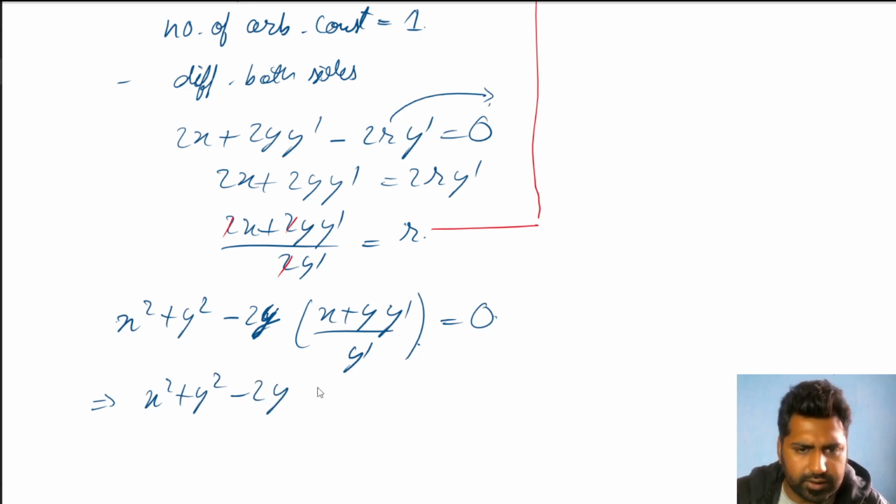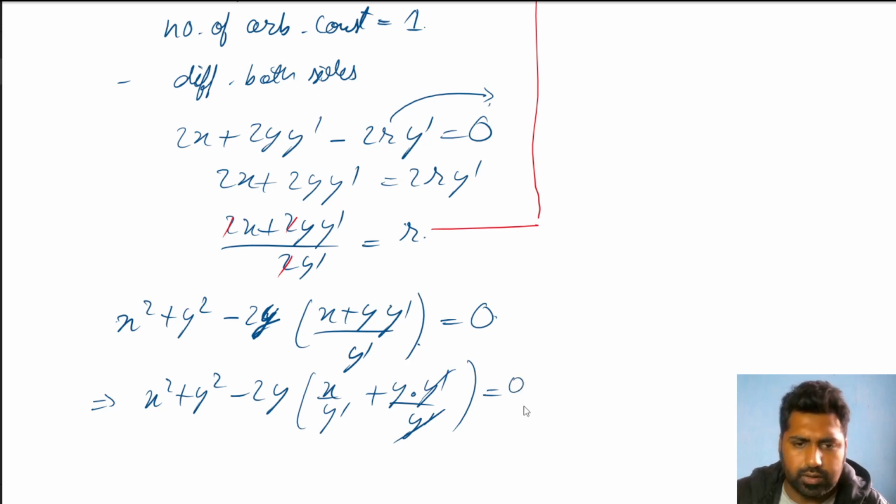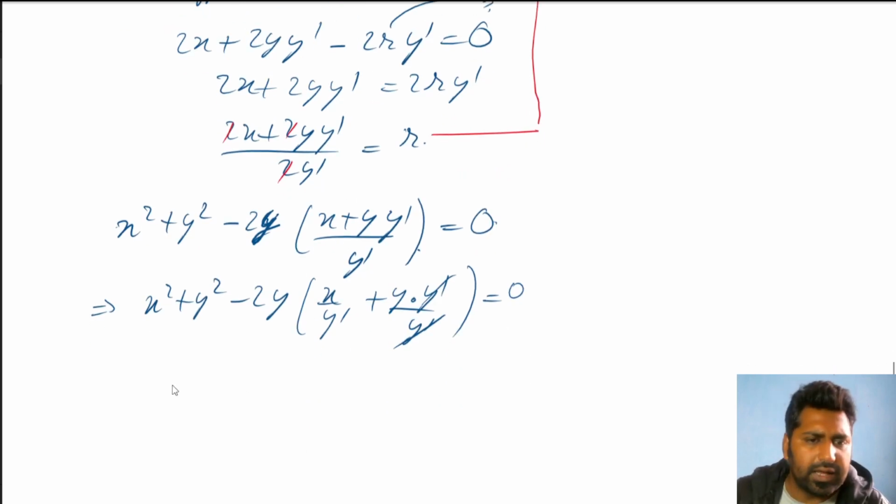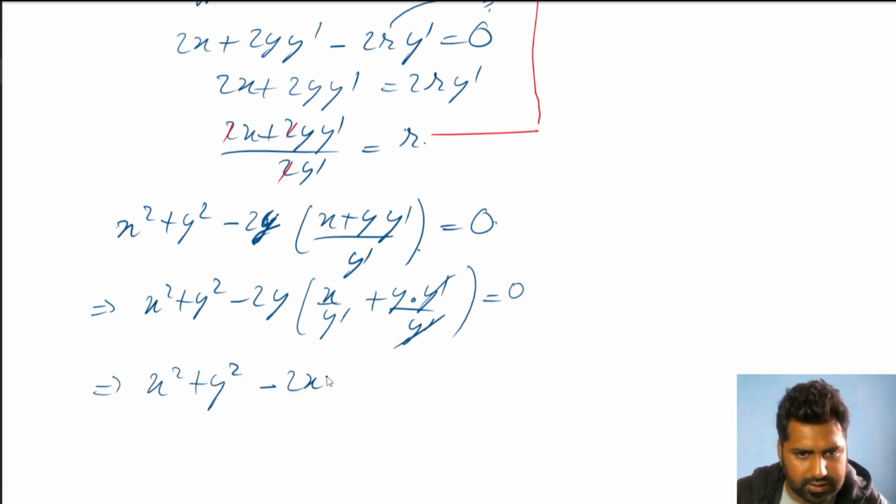Let's split the denominator: this is x by y dash plus y into y dash upon y dash. So y dash cancels, equal to 0. Let's multiply this also. So x square plus y square minus 2xy upon y dash minus 2y square equals 0.